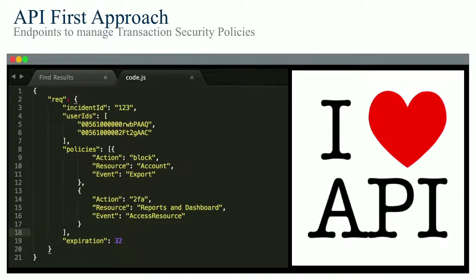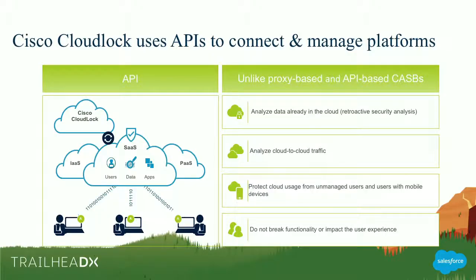If a user has been found in violation, we apply the transaction security policy in real time using the security endpoint. Why APIs? Well, APIs allow us to rapidly analyze data and events within the platform, and there's no impact on users' experience.